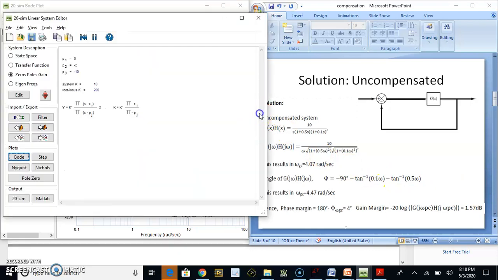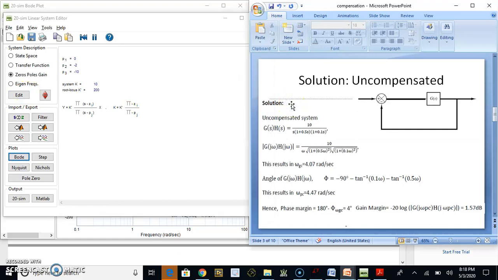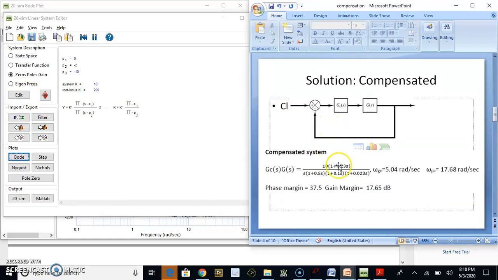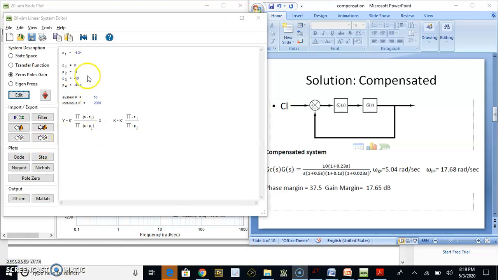So let us edit this transfer function with the compensation network. For that, we are supposed to add one zero and one pole, again in time constant form. The zero is at 0.23. Let me modify this. Now we have modified the transfer function to the compensated system.